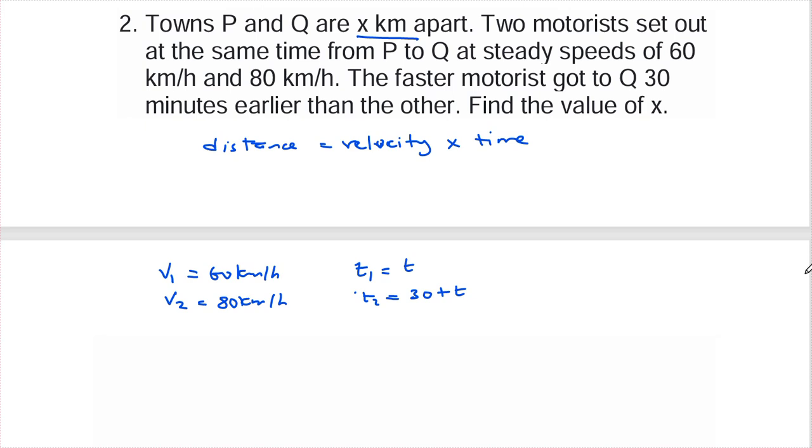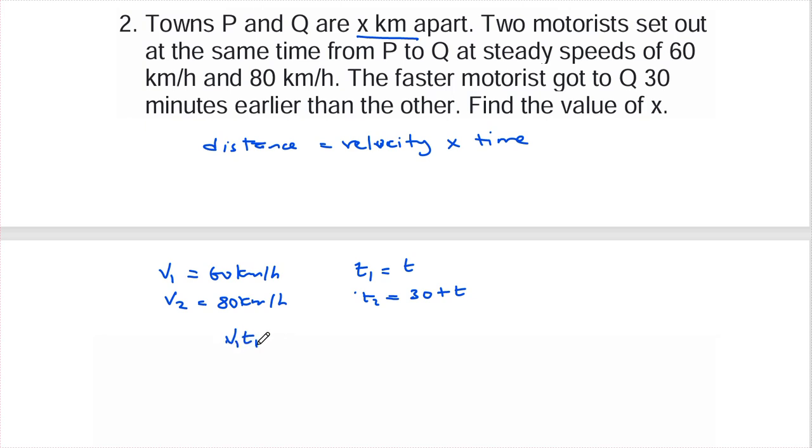So that means this one is the faster. If the time this one takes to reach is T, it means the time the other takes is 30 plus T, because it was slower. So V1 reached at time T, but V2 reached at time 30 minus T. I hope that makes sense.